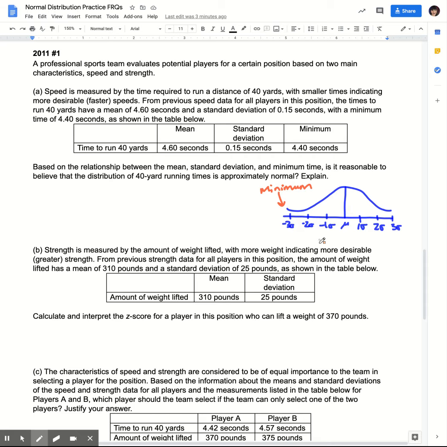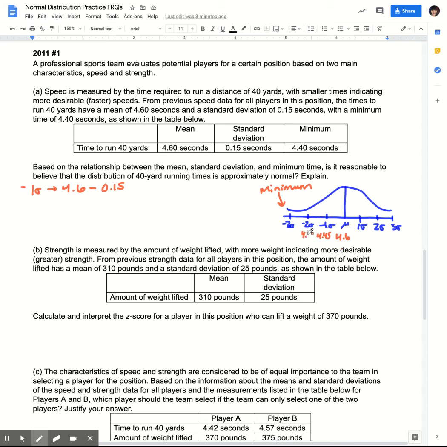Let's see what it would be in this distribution. My mean was 4.6, and I'm dealing with the minimum, so I'm just going to look at the bottom half of the distribution. One standard deviation away would be the mean, 4.6, minus the standard deviation, 0.15, which is 4.45.